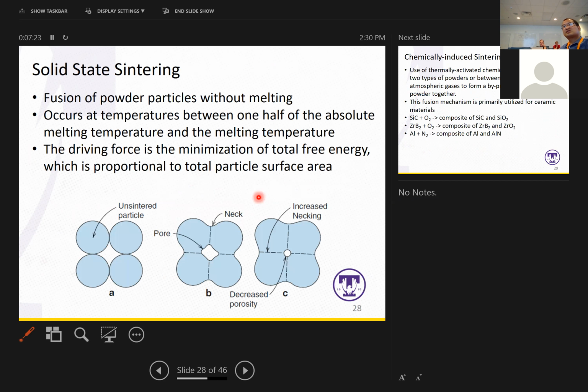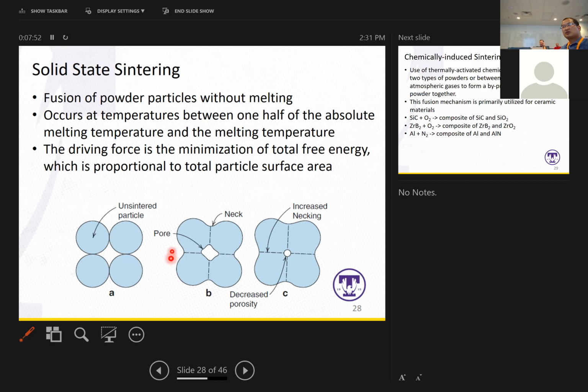For solid state sintering, basically it's the fusion of powder particles without melting, right? It occurs at a temperature between 1/2 of the absolute melting temperature and the melting temperature. The driving force is the minimization of total free energy, which is proportional to the total particle surface area. You can see from this figure, here are the unsintered particles, so they're not merged together.